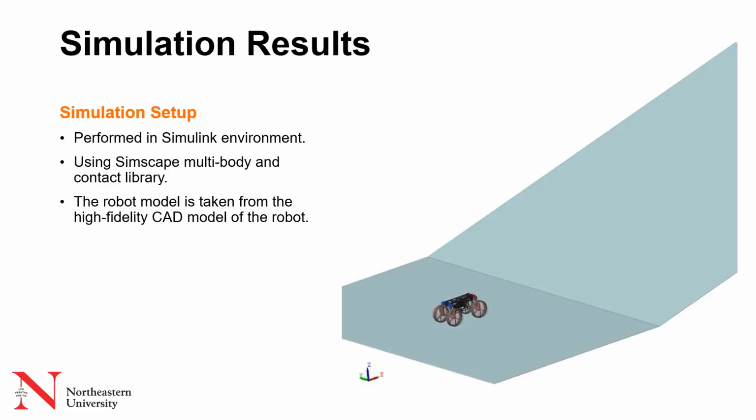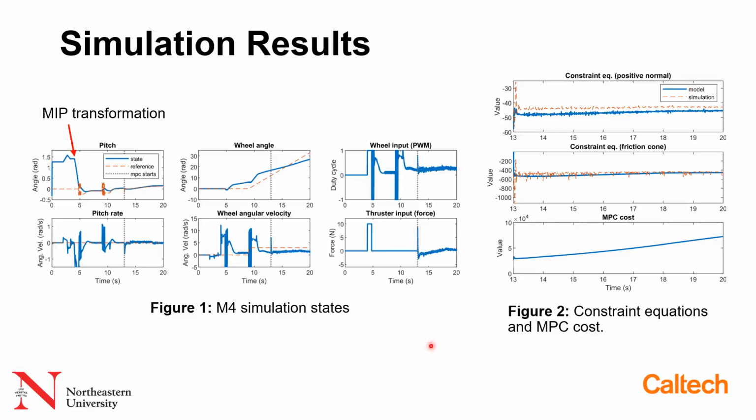We set up the simulation in Simulink Real-Time, and we can perform this wall climbing maneuver shown over here, where the robot goes straight into this 15 degree incline and runs with MPC. This is done with Simulink and the Simscape Multibody library. The simulation plots can be analyzed and show that it works. The MPC over here shows that the constraint equation is satisfied, and it tracks the desired trajectory over here.